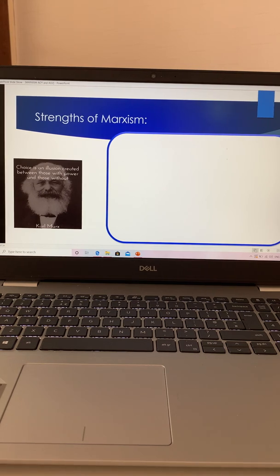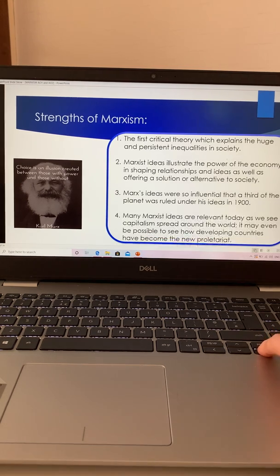Think about what we already have in terms of strengths and weaknesses of the perspective. So if I put them all on there and then discuss them. It's one of our first theories, one of our first conflict theories that explains why we have this huge inequality within society. It all comes down to money, doesn't it?